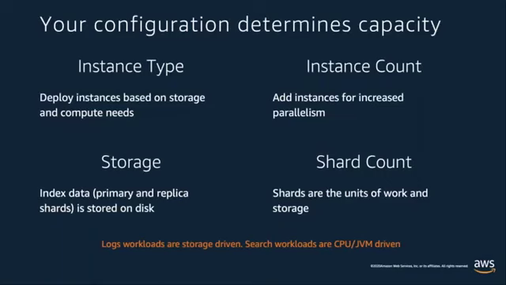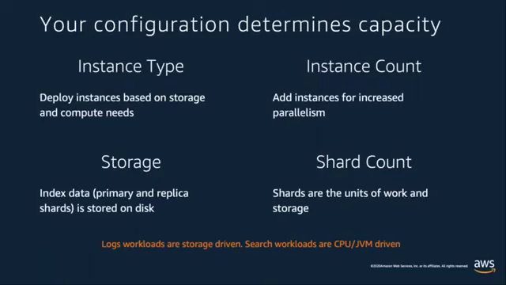The storage available is a baseline where, when you're indexing all of this data, it gets stored in the cluster as indexes. So you have to provide enough storage in order to store your indexes. And then last is the shard count. You adjust your shard count to align with your instance count and your instance type so that you don't overwhelm that instance with work.